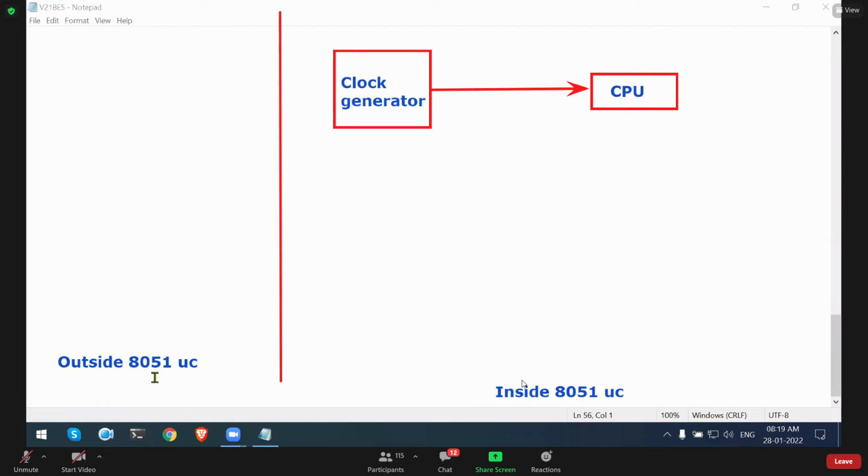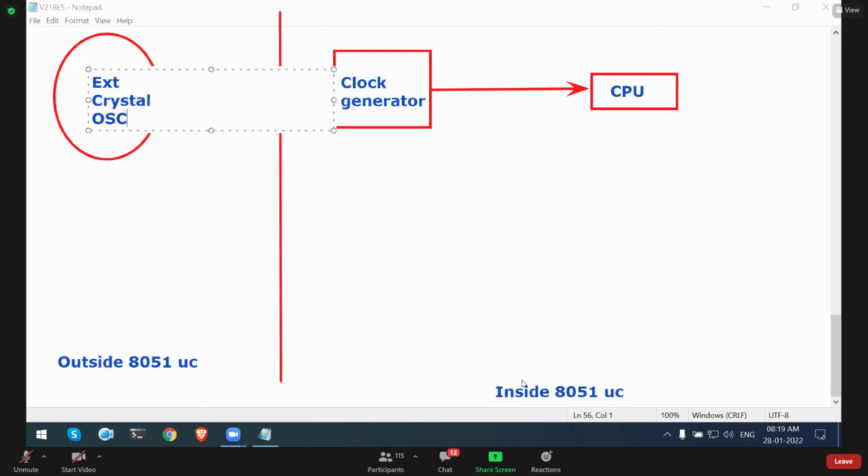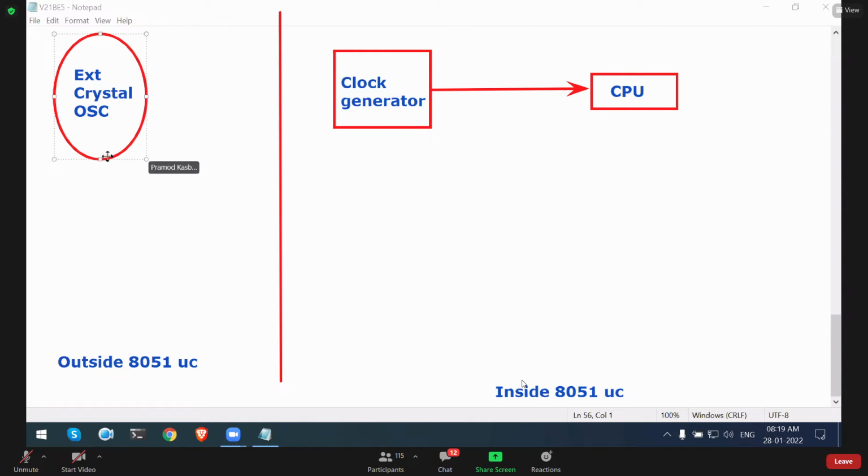It needs oscillations from an external crystal. This is the external crystal oscillator.